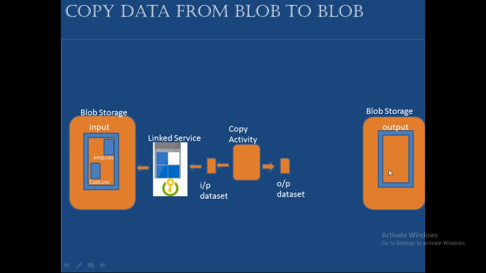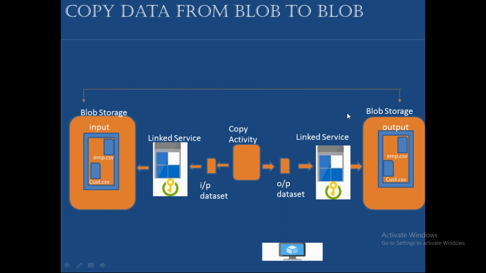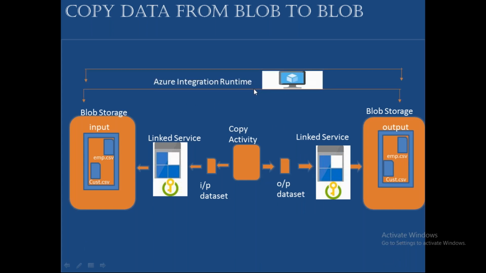My output data set is available in another storage account, so you need to create another linked service for this particular storage. Then if you run a pipeline, files will come into this particular folder, emp.csv, cust.csv. Who is going to do all these things? Integration runtime, Azure integration runtime. Who will manage? Azure Data Factory is going to manage.